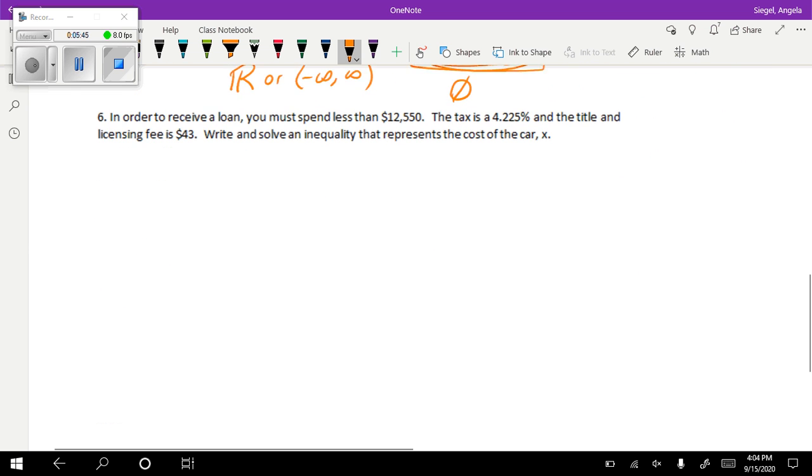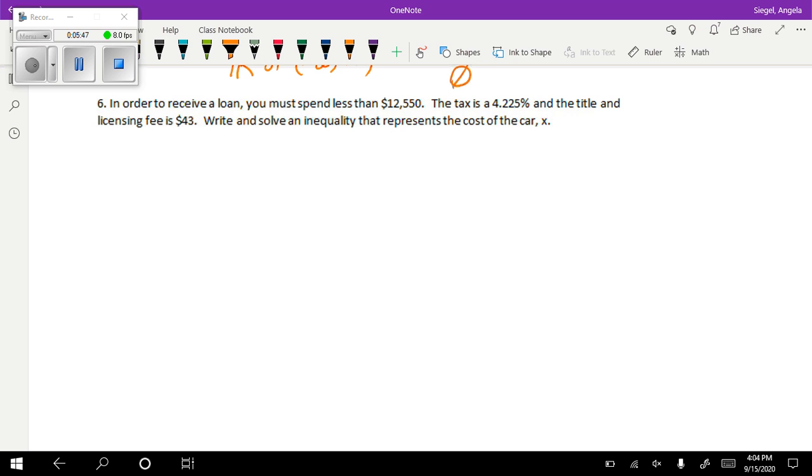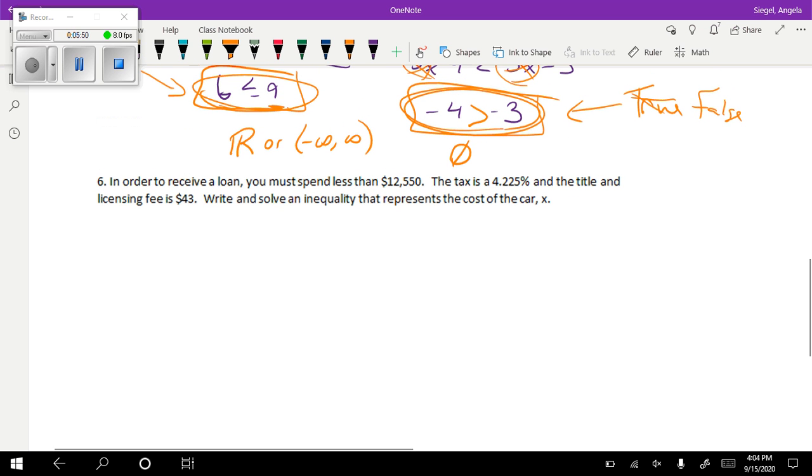Okay, let's go to number 6, and this is our last one of the lesson. In order to receive a loan, you must spend less than $12,550. Whatever's going to come over here is going to be less than that. The tax is 4.5%, and the title licensing fee is $43.